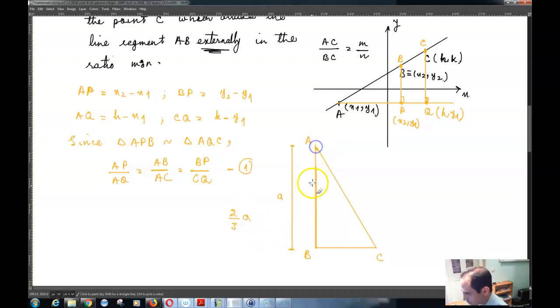So then 2/3 a would be some distance over here. So then this distance would be, more or less, 2/3 a, right?